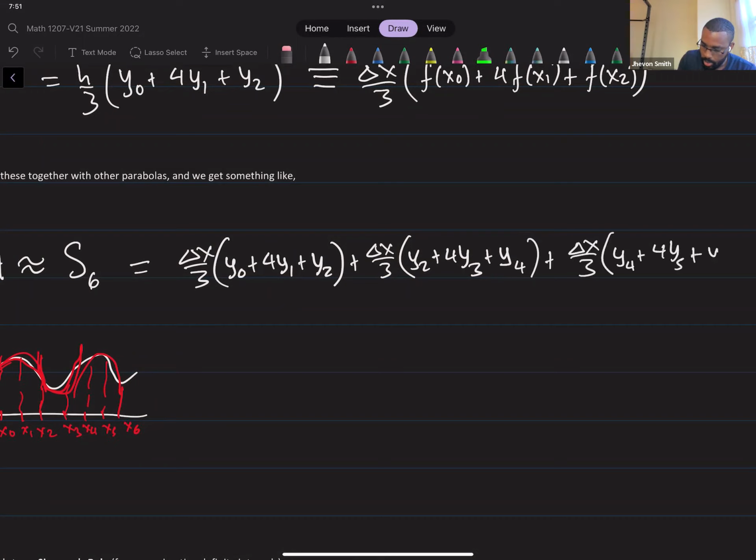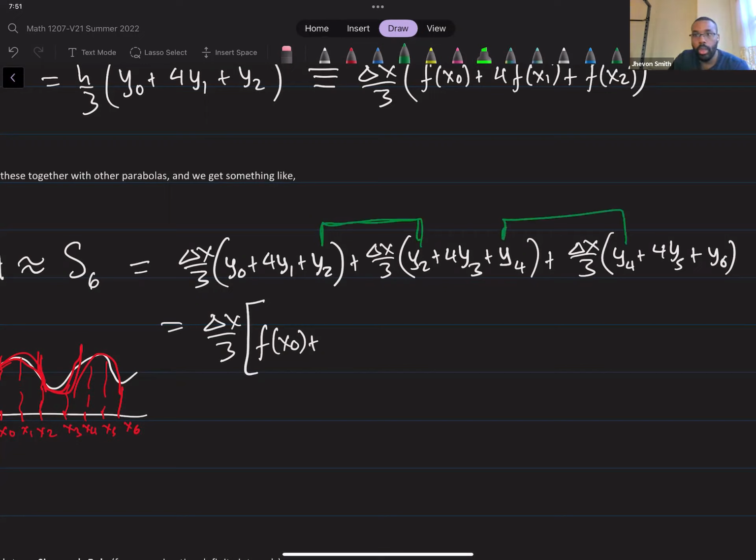In other words, I can shorthand write this as delta x over 3. My y0 would just be f of x0. Now you have something interesting because these two here match up. So they're two y2s. They're also two y4s. But the guys in the middle don't match up anywhere else.